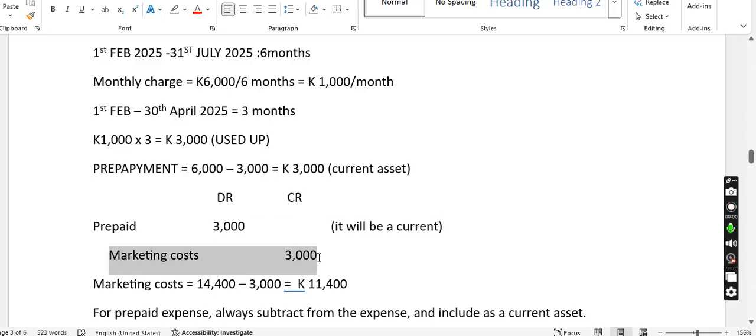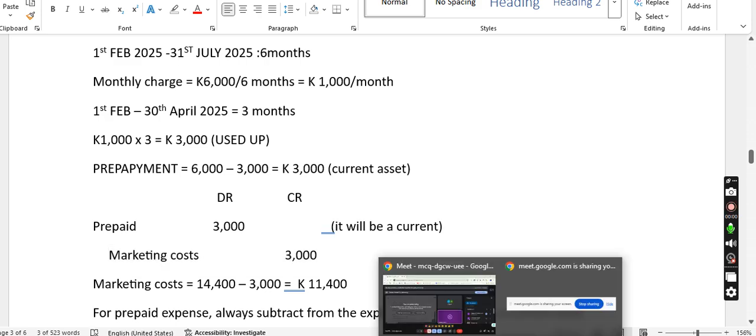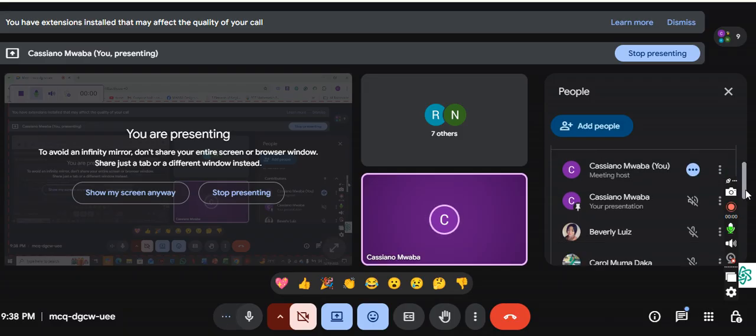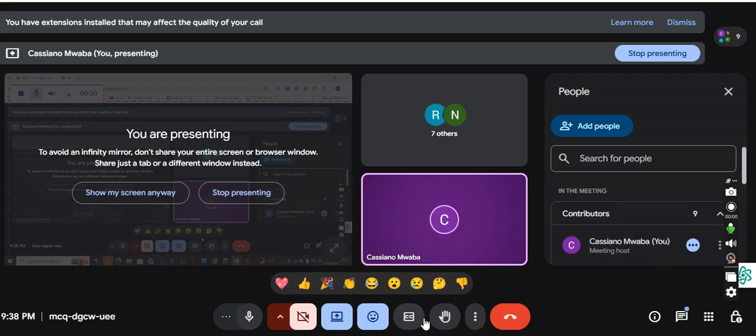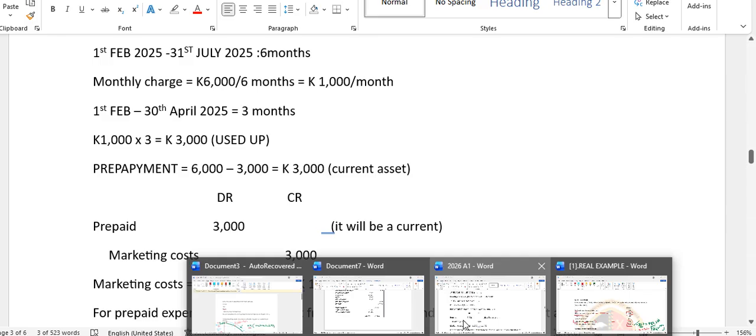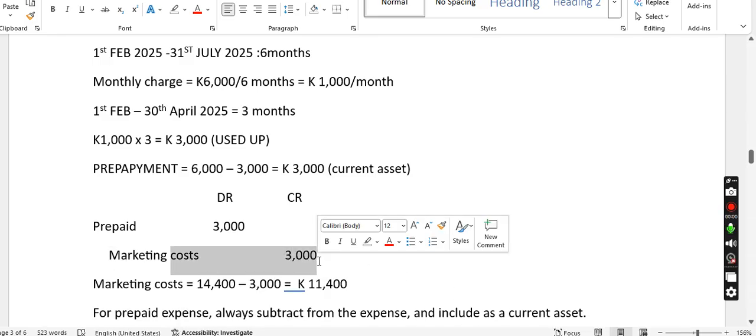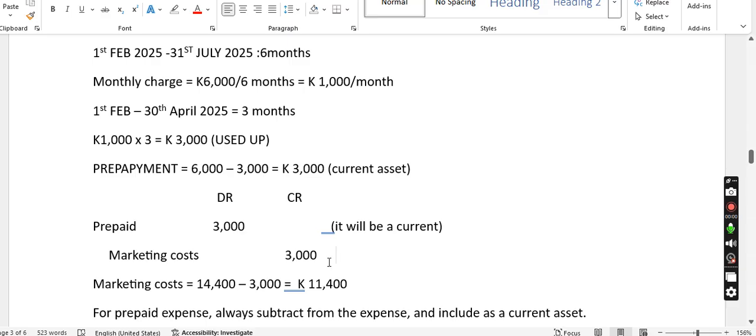Then you credit the expense. You reduce the expense, because we only want the expense that has been incurred for the year. For the other year, we don't want it. So you credit marketing costs to remove the cost.